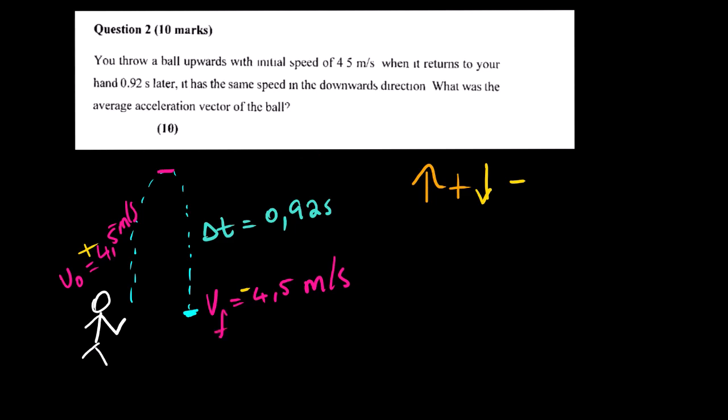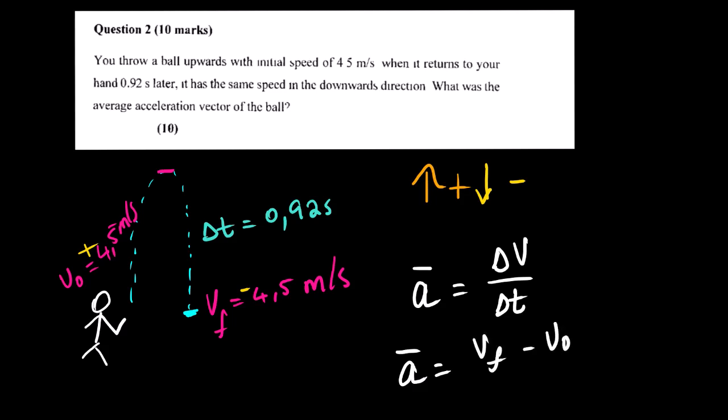So the equation to calculate the average acceleration equals the change in velocity over the change in time. This is Vf minus Vi over time.